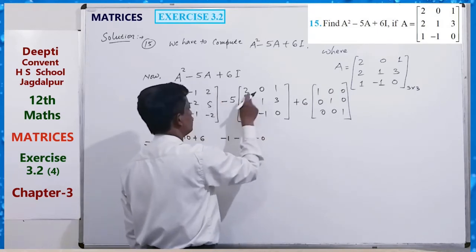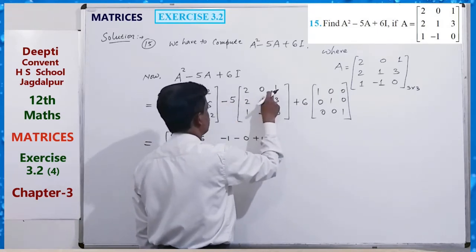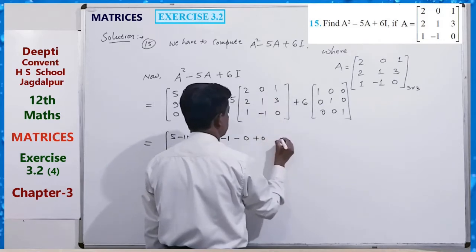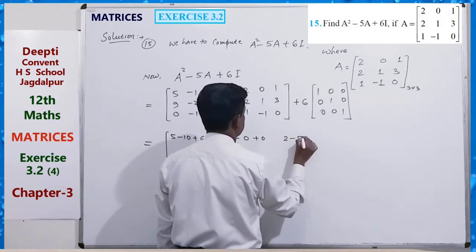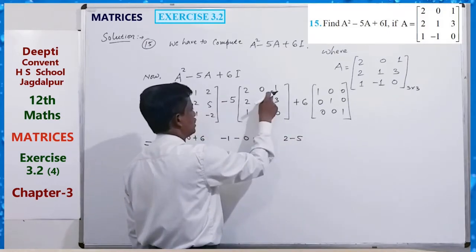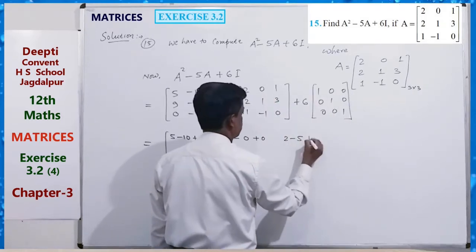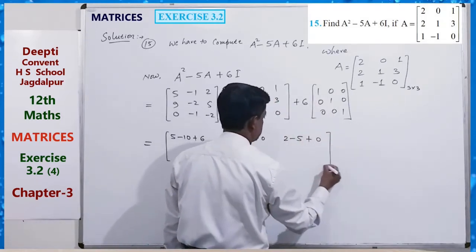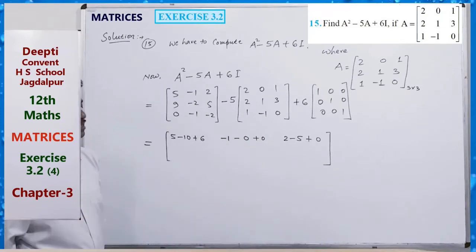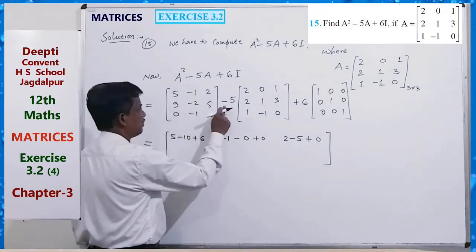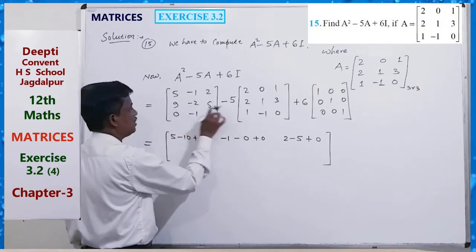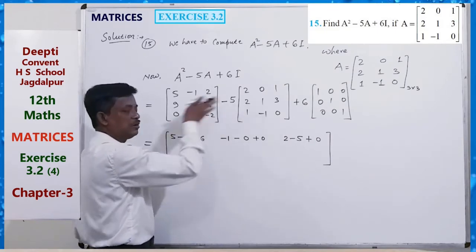Here 2 into 2 minus 1, 2 minus 5, 2 minus 5, minus 5 plus 0. You can write it in one step. 9, not minus 10, 9, because 5 is multiplied to each element.